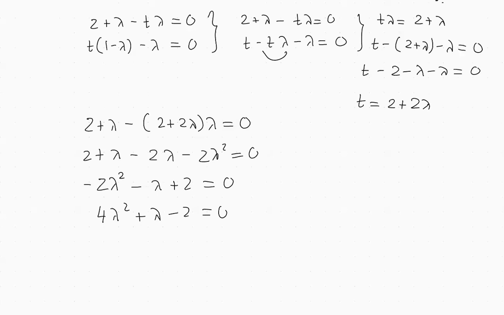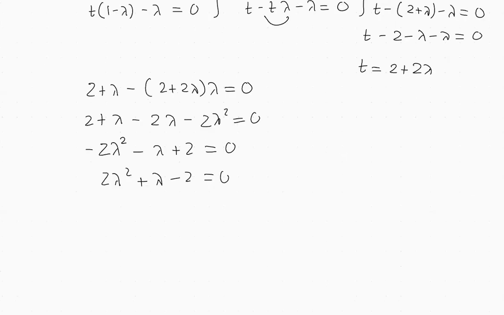Okay, and we just need to solve this equation. It will have two solutions. How do we solve such an equation? Let's find the discriminant. That's b squared minus 4ac. Here a is 2, b is 1, and c is negative 2. So this will be 1 squared minus 4 times 2 times negative 2, which is the same thing as 17.